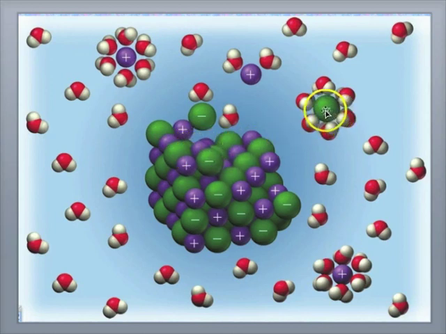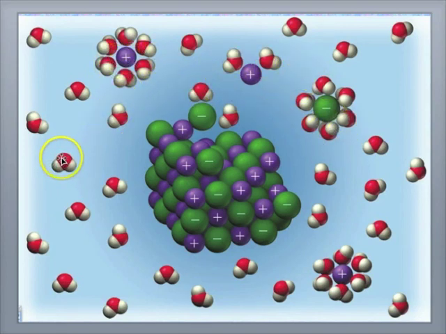So now we have ions floating around, each ion surrounded with water molecules. We call that hydrated ions. Either a hydrated anion if it's a chloride ion, or a hydrated cation if it is a positive sodium ion. And the solution is filled with ions.